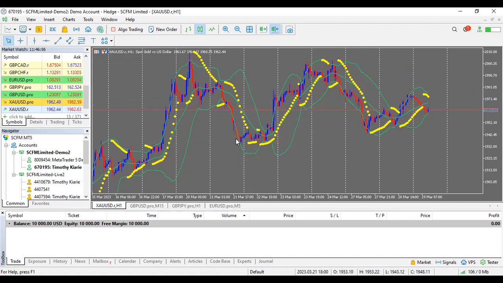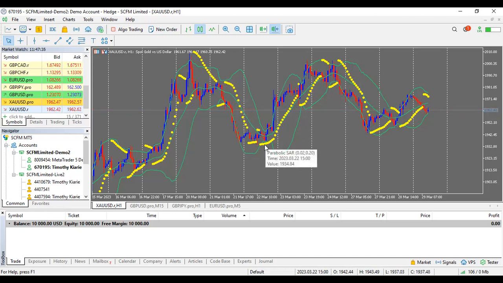The moment you see these dots starting to form here, it signifies a possible reversal, because you can see we were in a downtrend, and in the downtrend the dots were forming above the candles. Then when we reached this point, the trend changed, and now it's an uptrend, and the dots are beginning to form below the candles. So at this point is when you begin to look for your buy entries. Okay, this is when you begin to look for your buy entries.